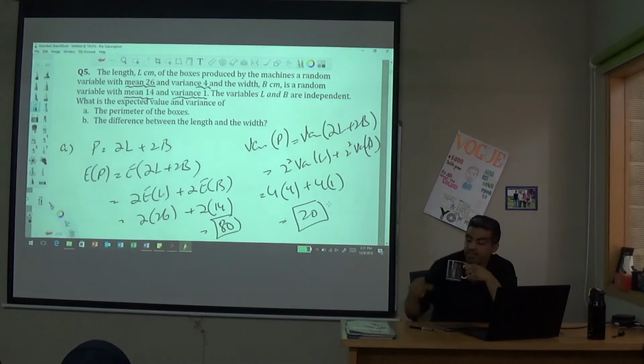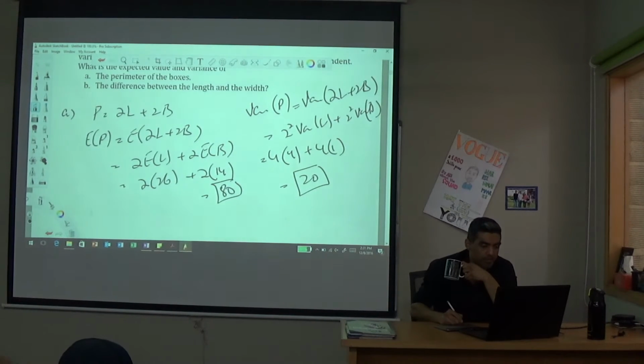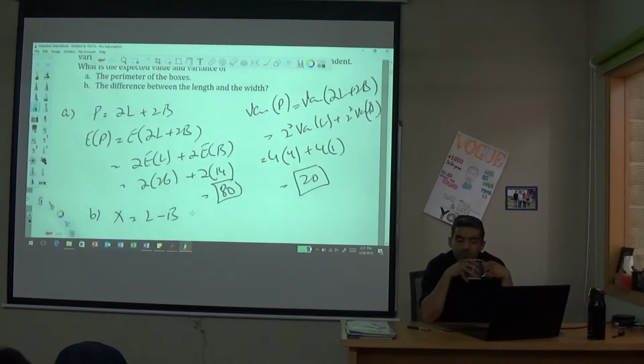The difference between the length and the width. So the random variable here, let's say the random variable x is equal to L minus B. The difference between the length and the width. I'm just calling it a new random variable x.